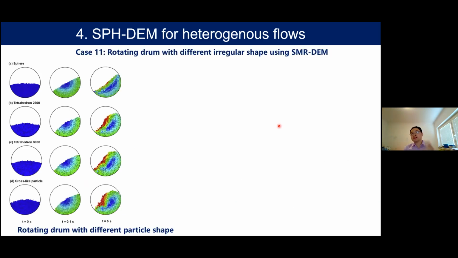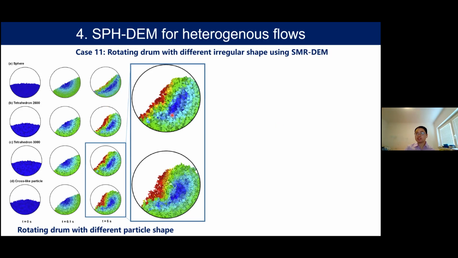To verify this discrete element method, we do a simulation with rotating drums. In the drums, we fill in different shapes of very irregular particles. You can see here we have spheres, tetrahedrons, and cross-shaped particles. The shape has a strong influence on the flow dynamics in the rotating drum.